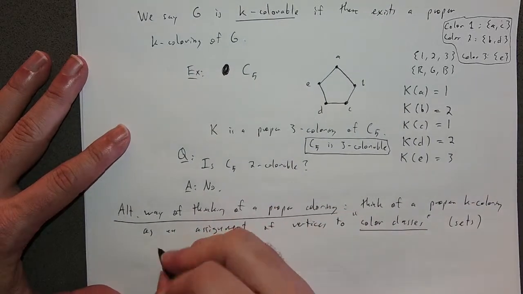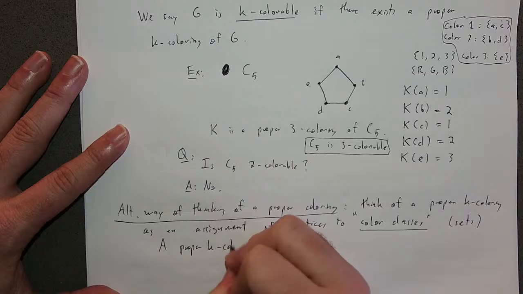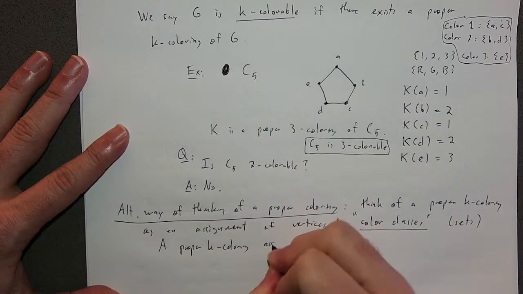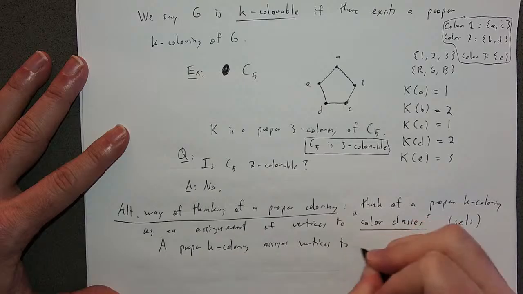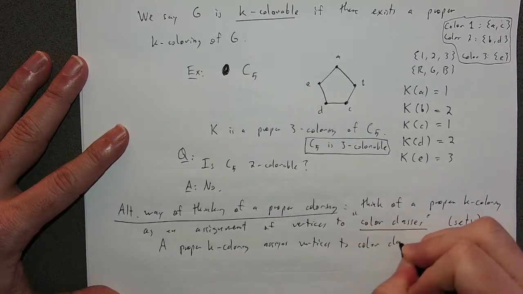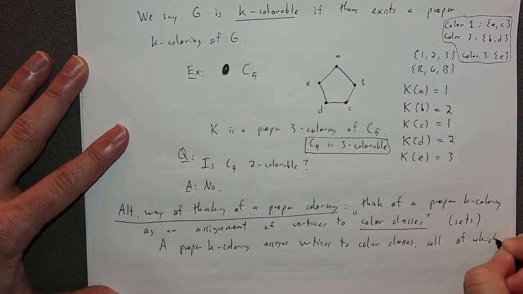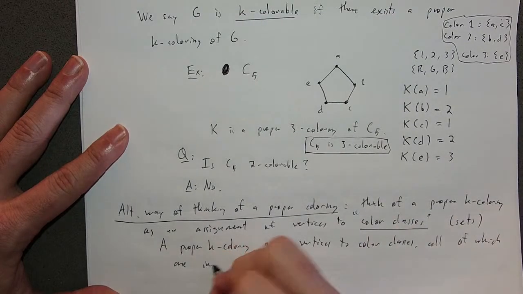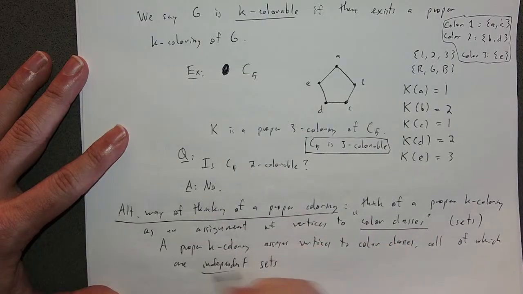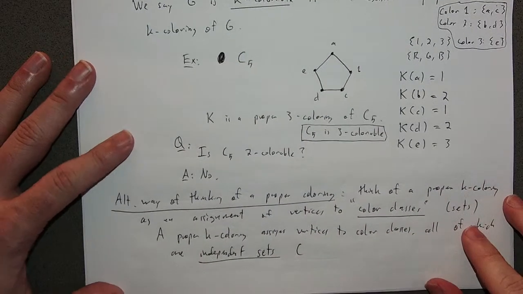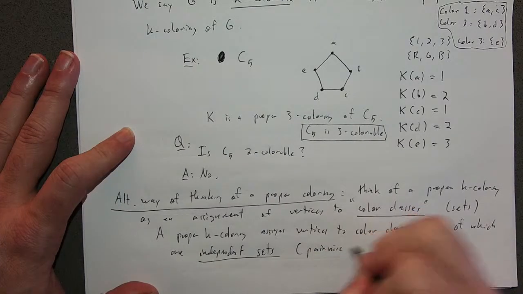So a proper K coloring assigns vertices to color classes, all of which are independent sets, which means they only contain pairwise non-adjacent vertices.